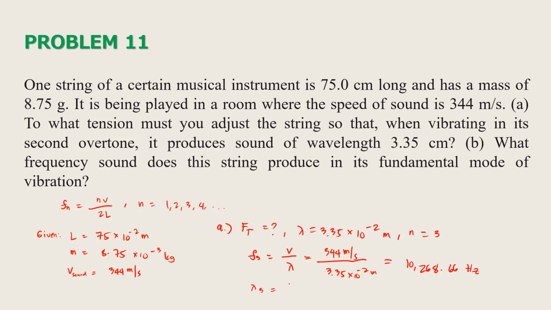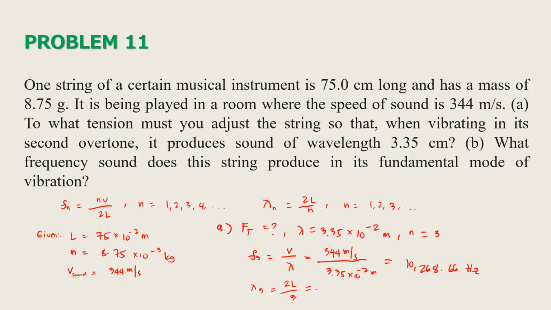We can also find lambda sub 3. So lambda sub 3 is just equal to 2L over 3. From our definition of lambda, we have lambda sub n equals 2L over n, where n equals 1, 2, 3, and so on.